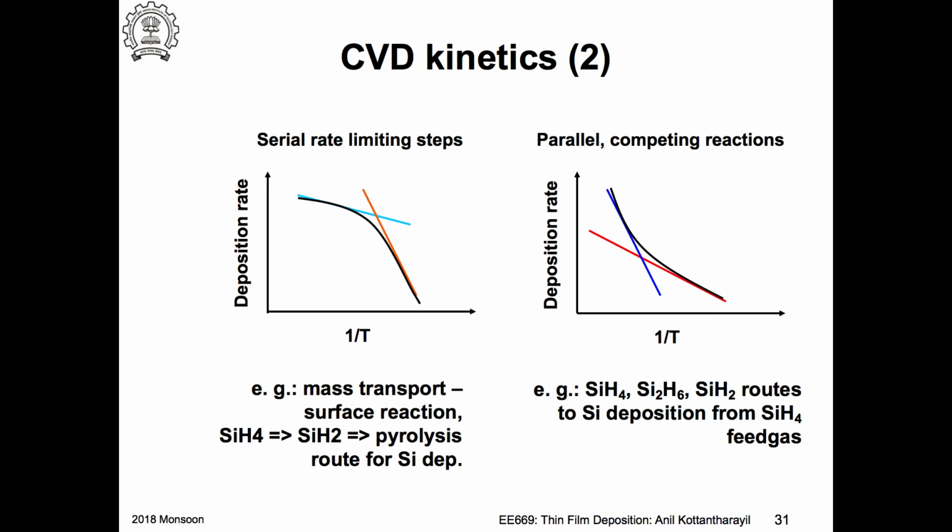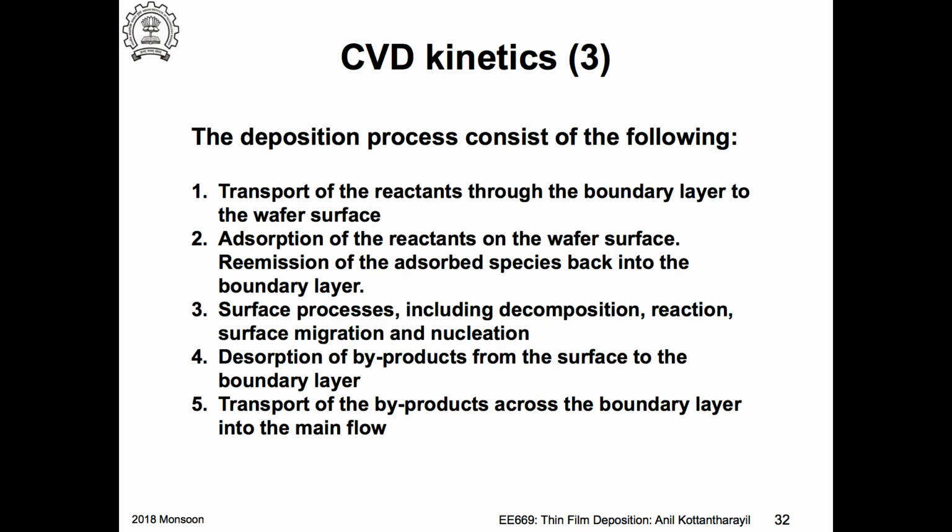So we had this parallel route, silane, disilane, or silylene adsorption on the surface. This can be the parallel components. Okay, so this is something you can quickly read. Transport of the reactant through the boundary layer to the wafer surface. So these are things that happen during the deposition. Adsorption of the reactants on the wafer surface.